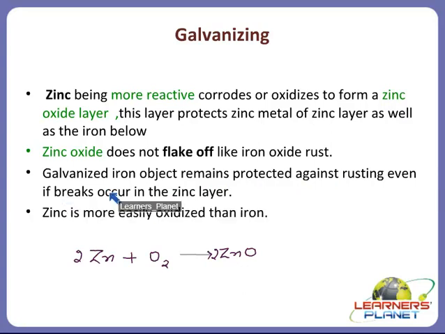See what happens if there is a break in the zinc layer. Say I took this cone here. So this is your iron object and we have a layer of zinc over it. Now this much has been broken. I'll mark it with a different color so that it's visible.